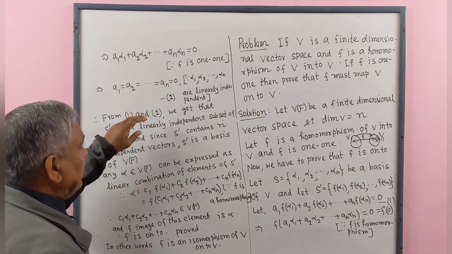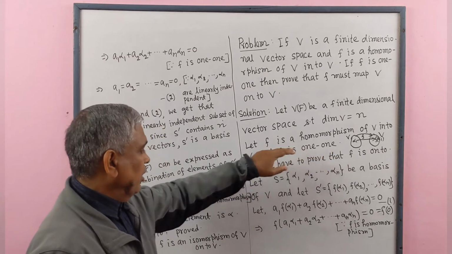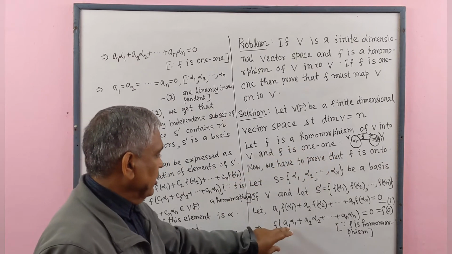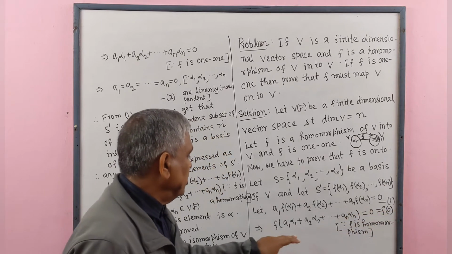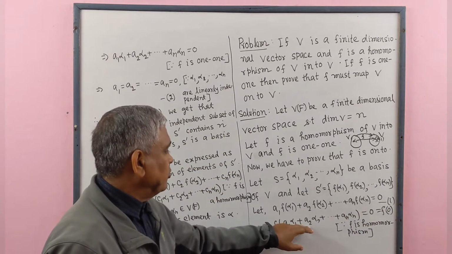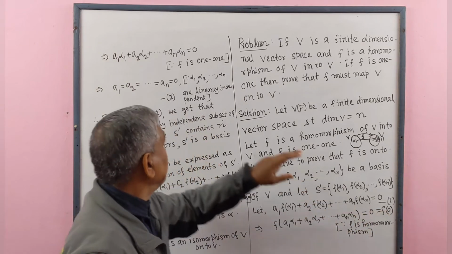Since F is 1-1, therefore this element equals 0: A1 alpha 1 plus A2 alpha 2 plus dot dot dot plus An alpha n equal to 0.